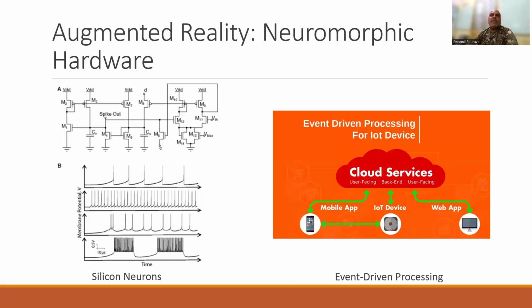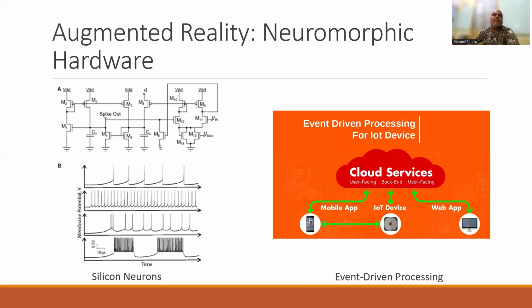Neuromorphic systems using silicon neurons are highly energy efficient, making them ideal for battery powered and portable devices. They emulate the brain's low power consumption while performing complex computations.